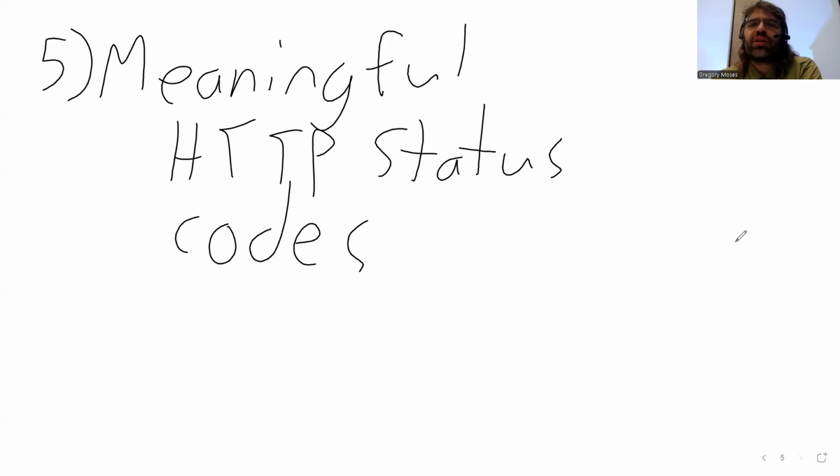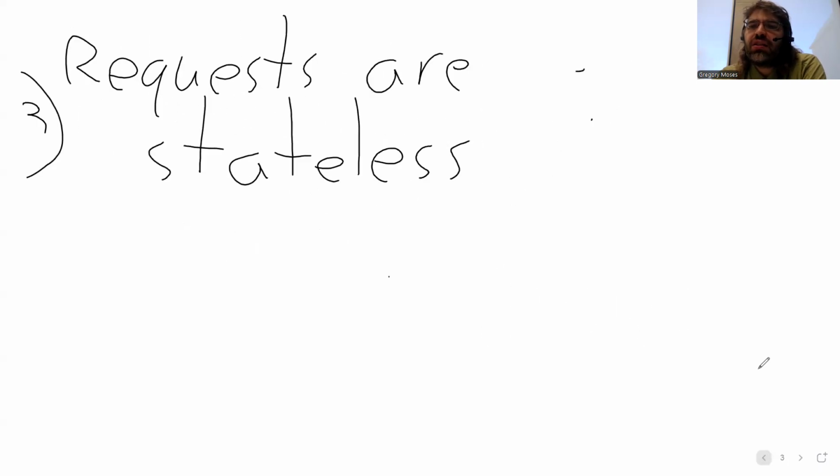And we should be able to get meaningful HTTP status codes. That is, we can send a request and the request can work or the request can fail. Maybe we forget this stateless condition and we try to send a request to a password protected database and we don't include the necessary information, so our request fails.